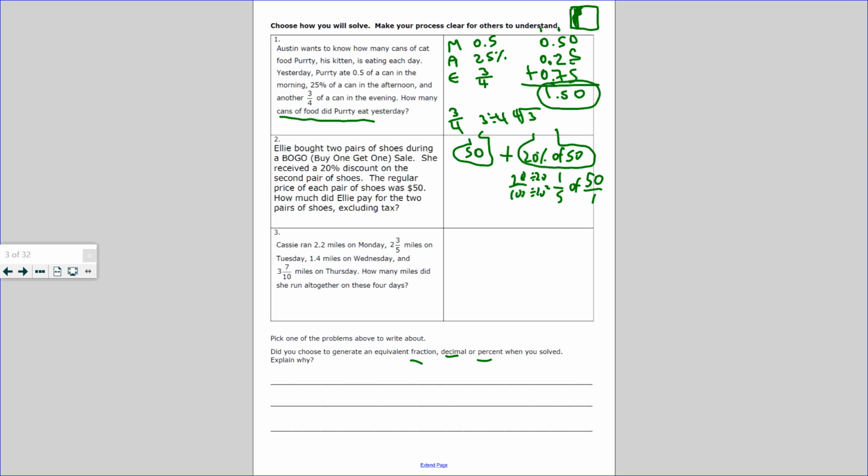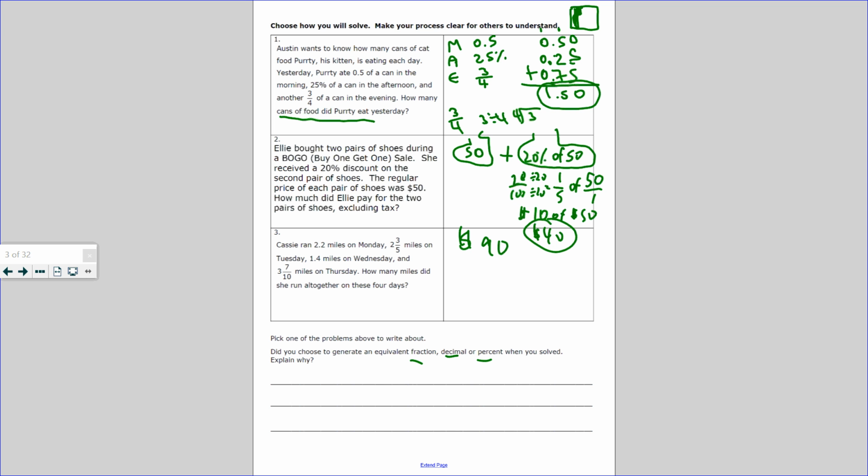You need to figure out a fifth. You need to break this 50 into 5 equal parts. 50 divided by 5 is $10. So she will save 20% of 50, or $10. That's how much she will save. So that means the second shoe only costs $40. So together, the answer is $90.